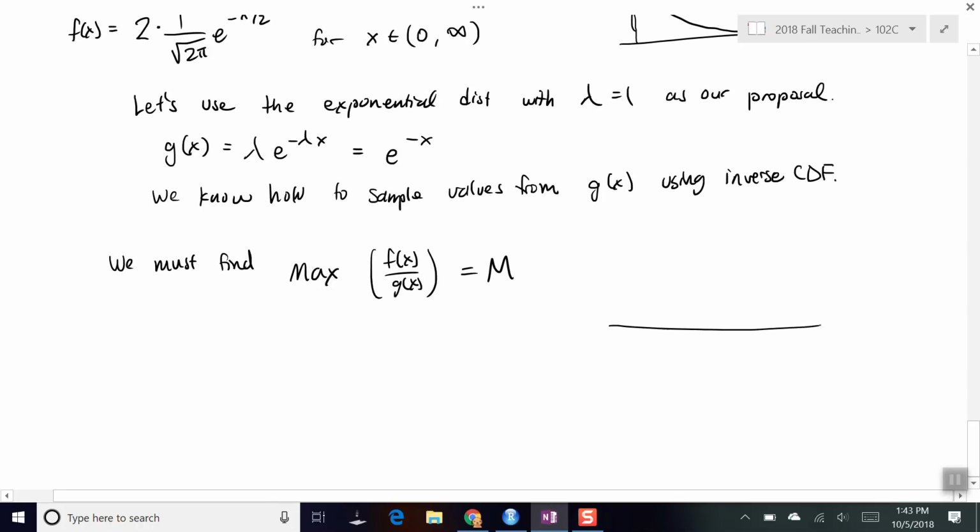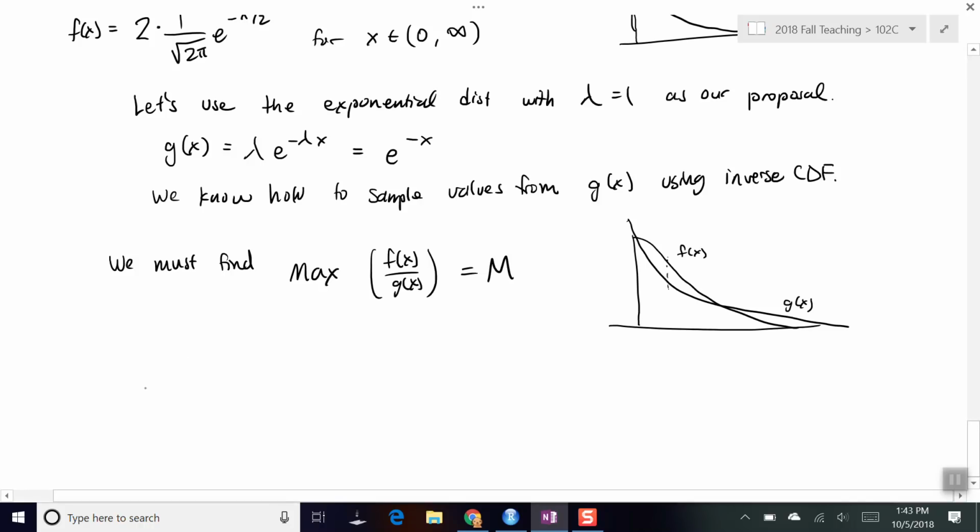Because right now, if I plot this, we've got this thing, and then I probably have this thing, and we need to find kind of this spot. If this is f of x up here and g of x down here, we need to find it so that g of x will form an envelope, always bigger than f of x.